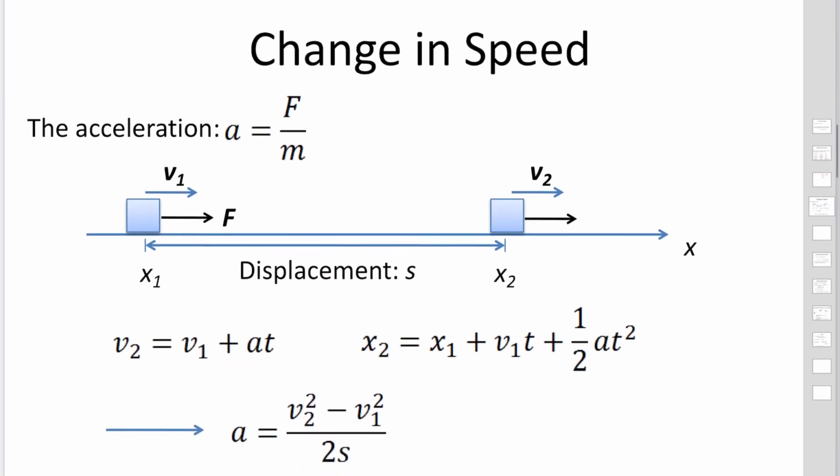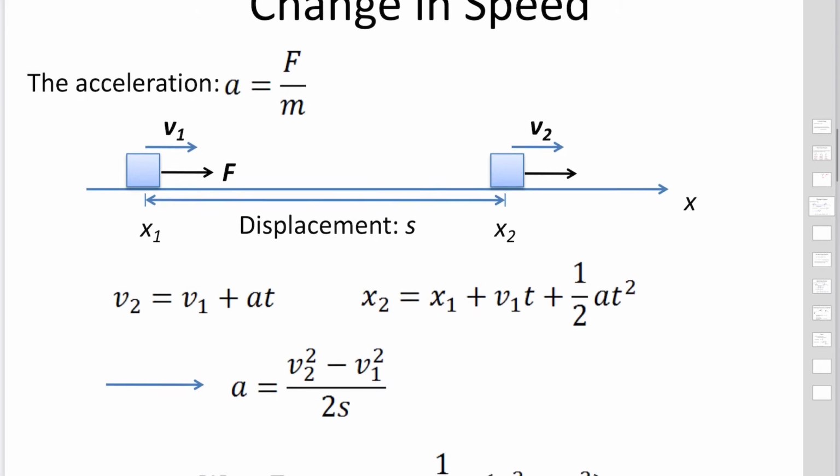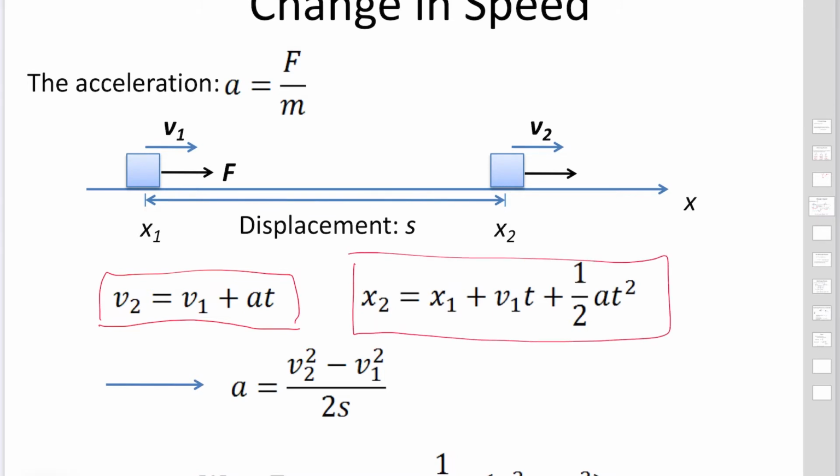Then we'd like to find the change in speed. When the object has acceleration a, the velocity is given by v sub 2 equals v sub 1 plus at. The position is given by x sub 2 equals x sub 1 plus v sub 1 t plus 1 over 2 at squared. From these equations, you can find t equals v sub 2 minus v sub 1 over a.